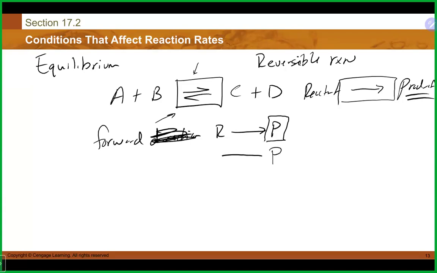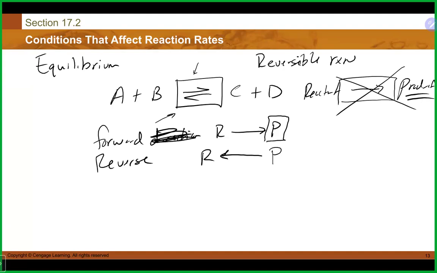The products will then go back and make more reactants. And this is what's sometimes referred to as the reverse direction. So it is really like a two-way street when we deal with these type of reactions. We have reactants going to products. At some point, you'll make enough products that they will recombine and head back in the other direction. You don't really get that over here in a one-way street type of situation.